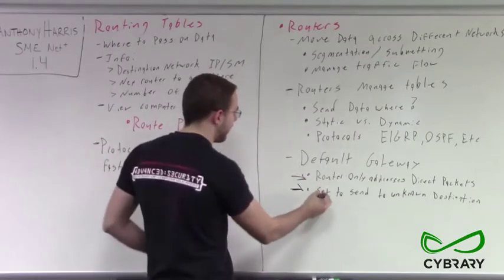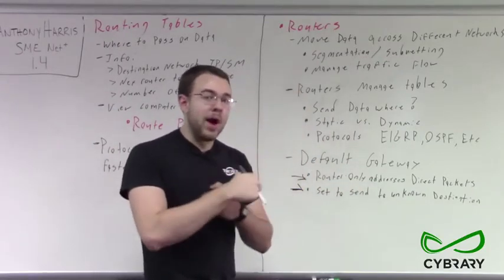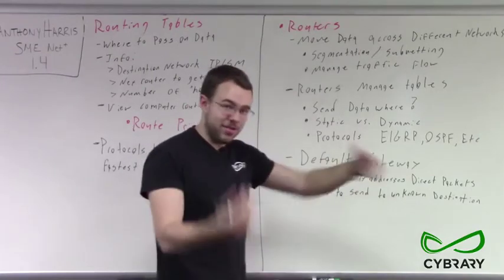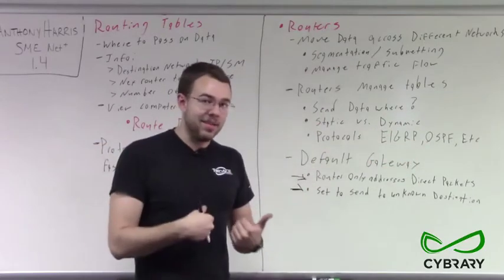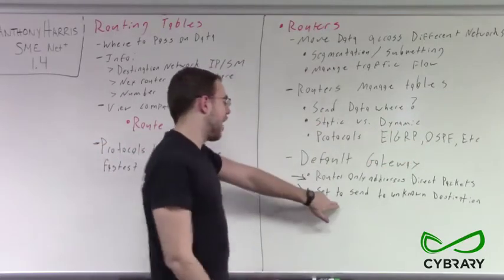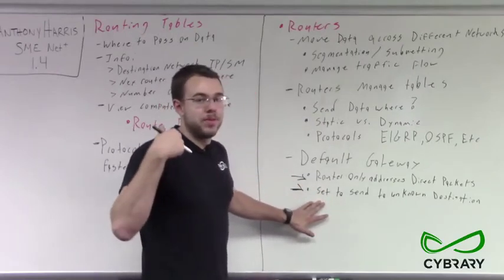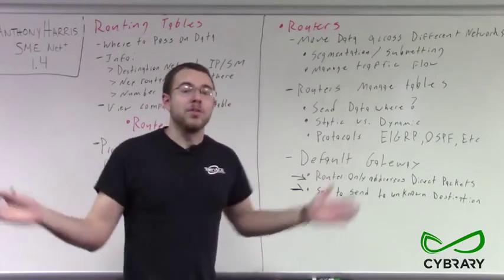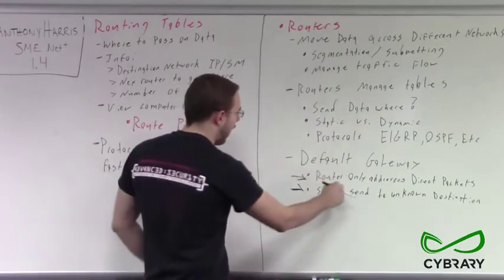So that's why we set our router as our default gateway, because A, our routers only address packets that are specifically addressed to them and will only pass on direct packets. And B, our computers will send to their default gateway packets that they don't know where else to send. So that's our router reason.